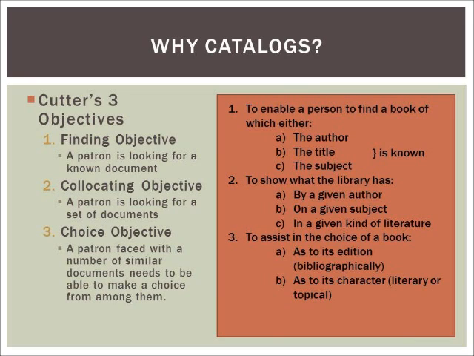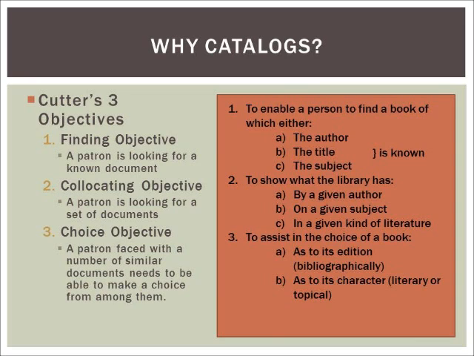The second objective of the catalog is to bring together all the works about a specific subject by a specific author or of a particular genre. This is called collocating. So the same patron may also want to use the library catalog to see what other books Stephenie Meyer has written. The catalog will then bring those together or collocate them.